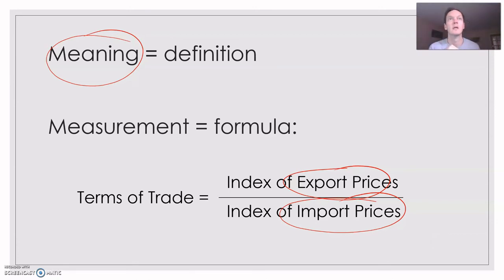For example, the mistake a lot of students make will be, okay, the terms of trade has increased due to, let's say, an increase in export prices. As a result, we're going to sell less exports. That's not entirely true, because the increase to the terms of trade due to the increase in export prices, those transactions that have caused that change have already happened.